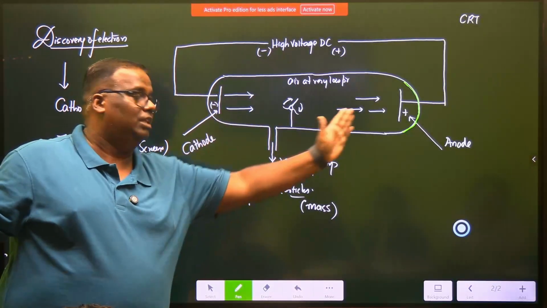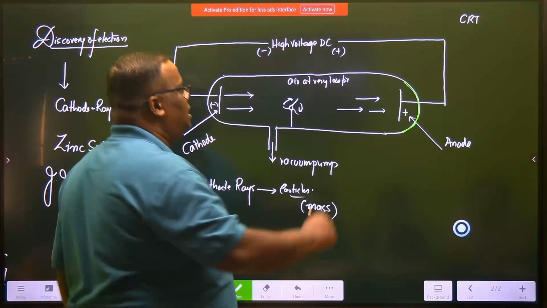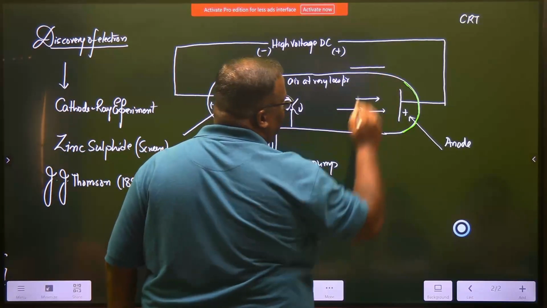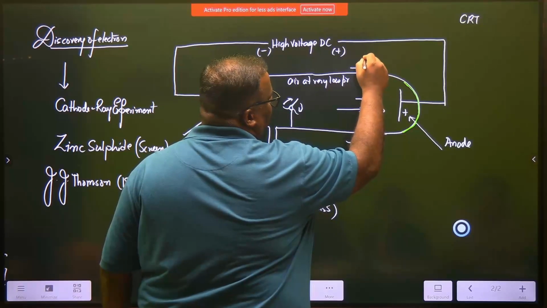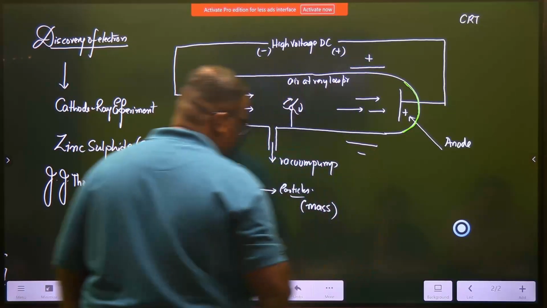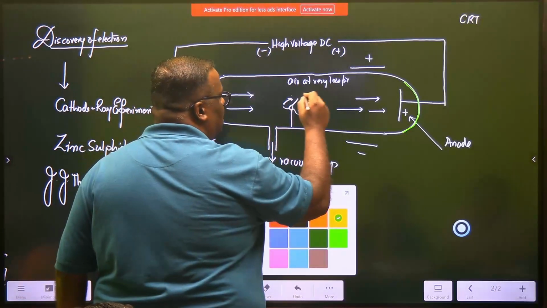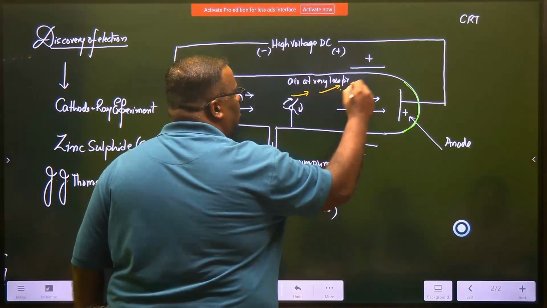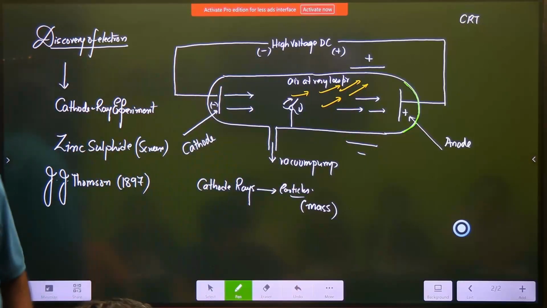We just saw that some sort of rays were traveling. So next they brought an electrical field in the vicinity of this tube, a strong electrical field with a positive side and a negative side. When they did this, J.J. Thomson found that the rays started to move towards the positive side.